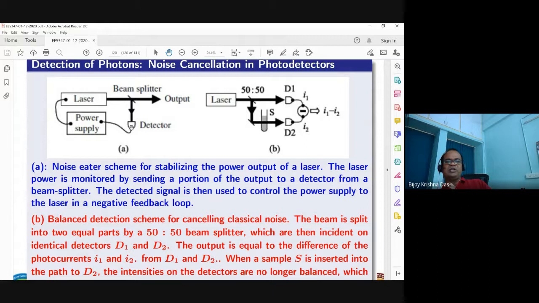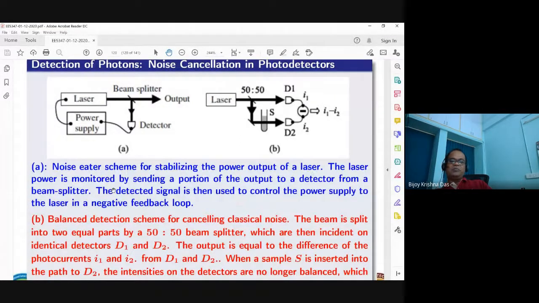If the current is increasing, negative feedback reduces it, so the laser power can be stabilized. That means whenever the intensity is coming, at least your noise level will be reduced. Classical noise will be reduced, but the electron pulsing, that noise cannot be reduced. Actually, classical noise, low frequency noise, everything can be reduced by this method. That is called the noise eater scheme for stabilizing the power output of a laser.